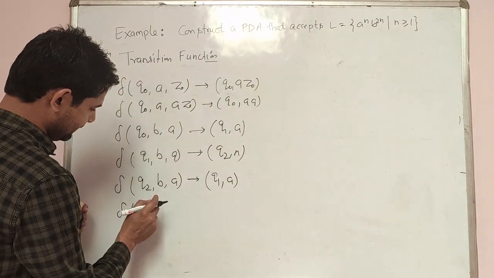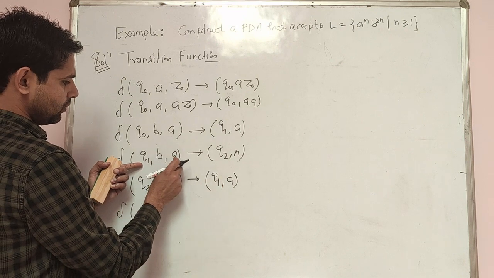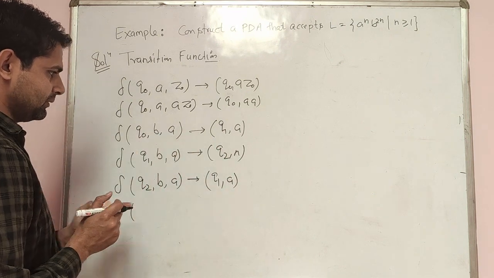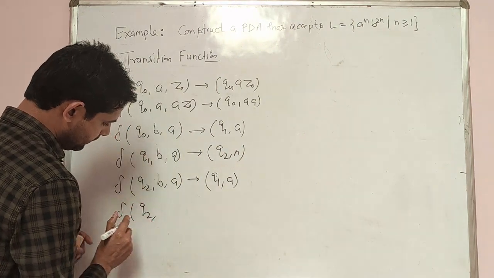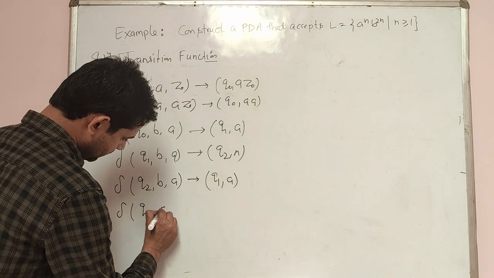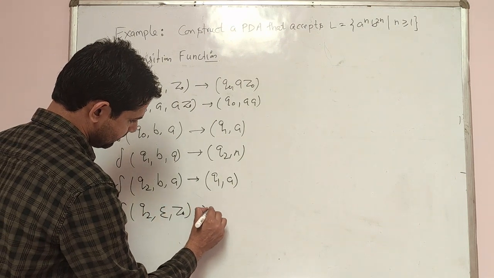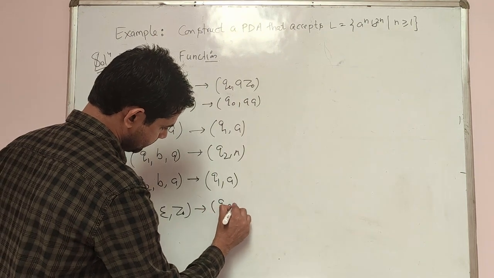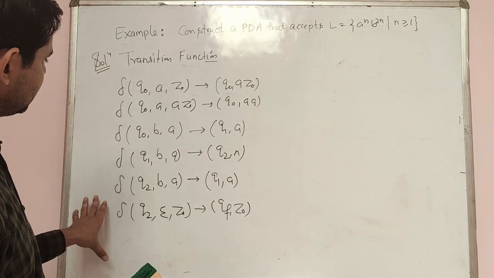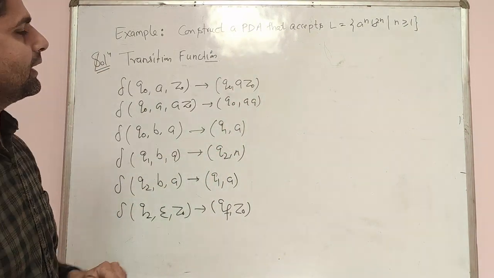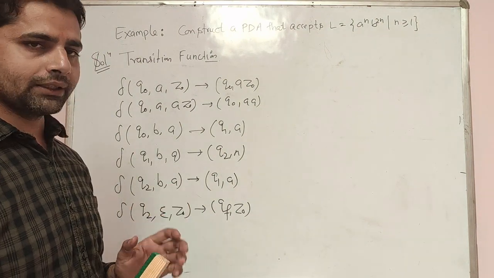So at Q1, again the second B is there, and then it can pop. Then if we are on Q2 state, the input symbol is null and the stack condition is Z naught, then we can move to the final state QF, Z naught. So by using these transition functions, we can design L equal to A to the power n, B to the power 2n, where n is greater than or equal to 1.